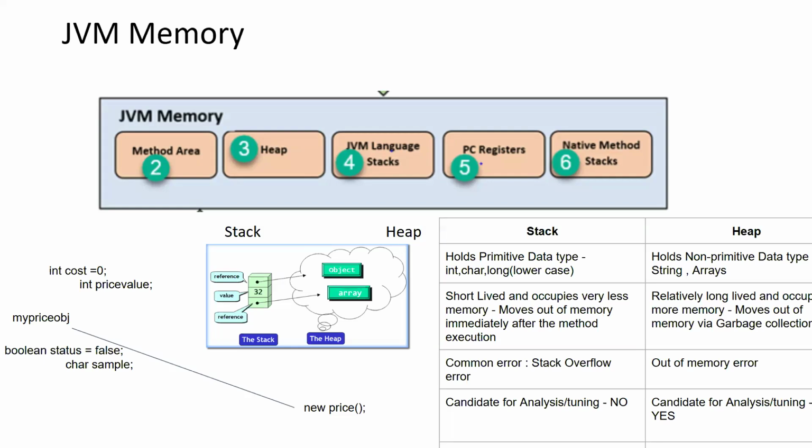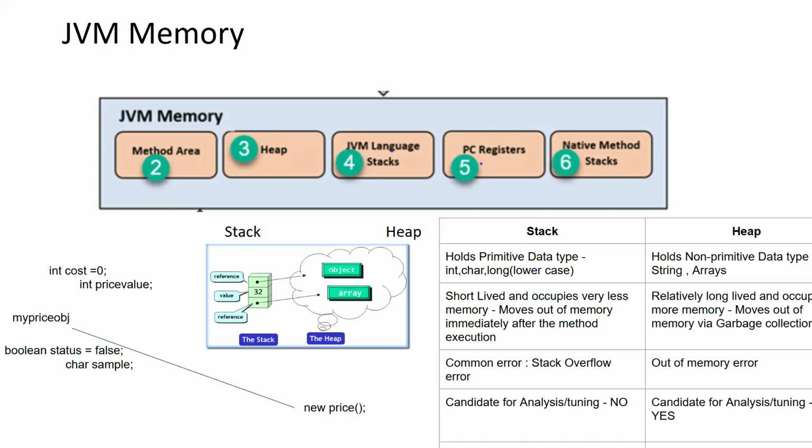All these small variables like your integer, character, boolean, which are very small in nature, will be stored in your stack. All your strings, arrays, objects which are going to hold more amount of data, or where the size of the variable is going to be huge, will get stored in the heap.